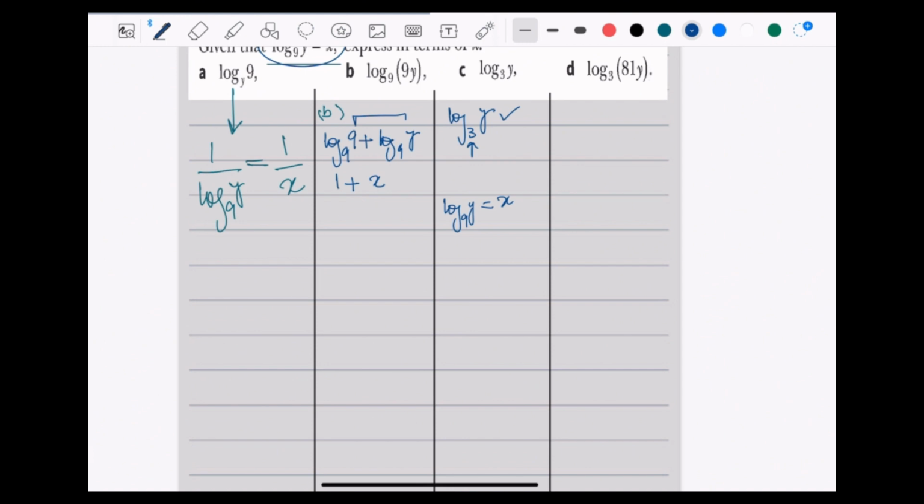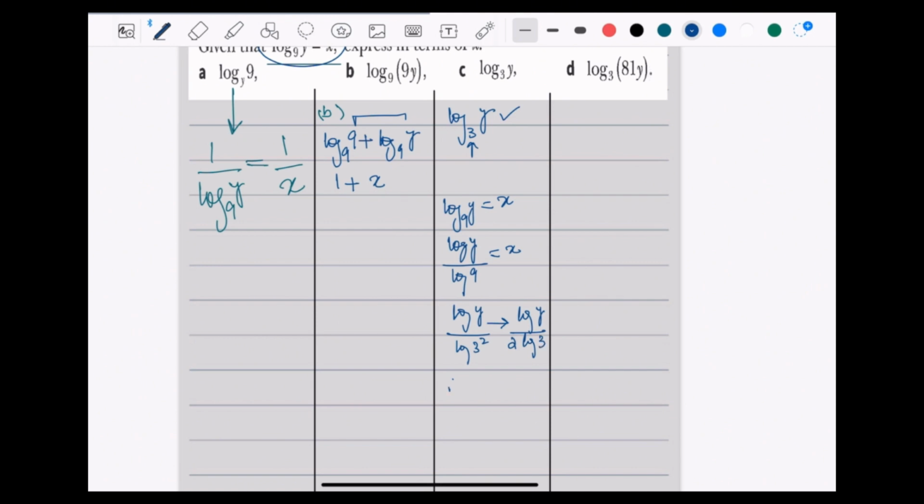I can write this as log y over log 9 is equal to x. And I can also write this as log y over log 3 squared, hence it becomes log y over 2 log 3.